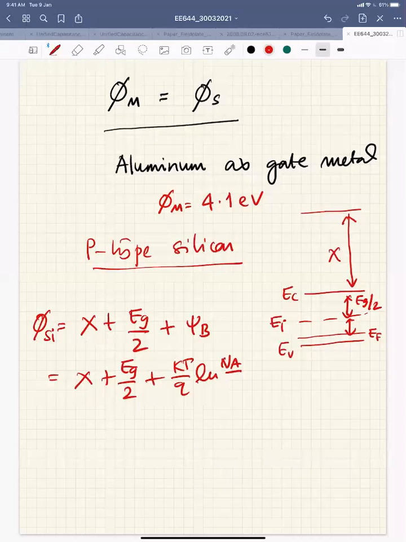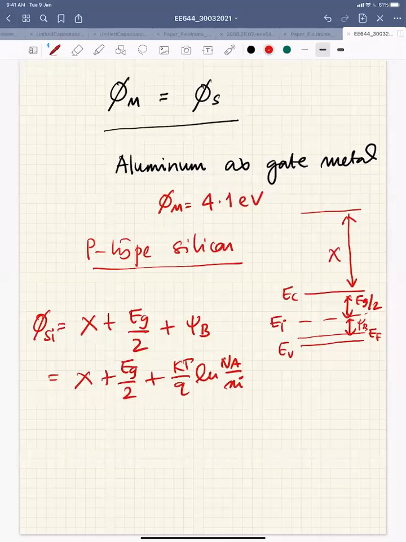If Na is very high, your Fermi level will be close to the valence band. If Na equals Ni, that means your Fermi level will be right at the intrinsic level, so your psi b will be 0.